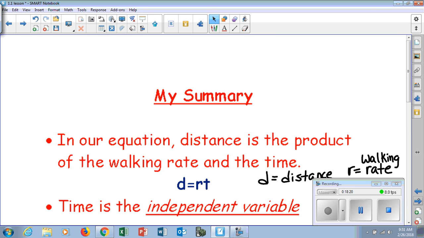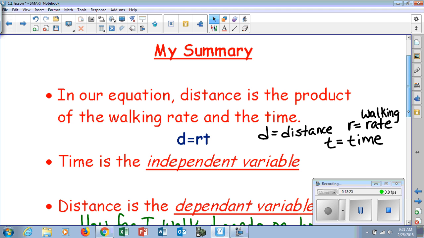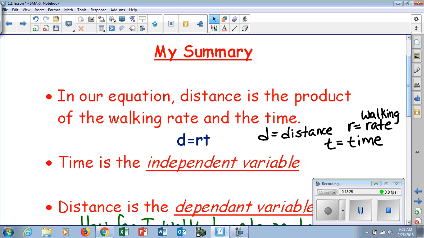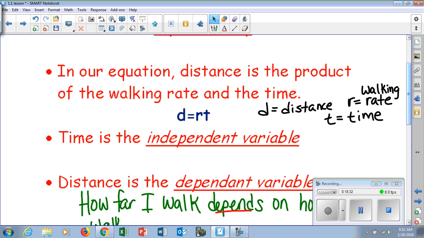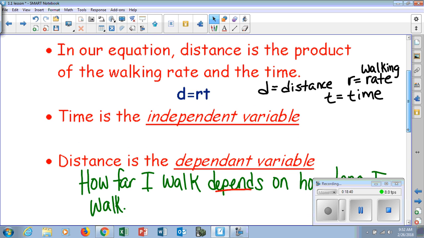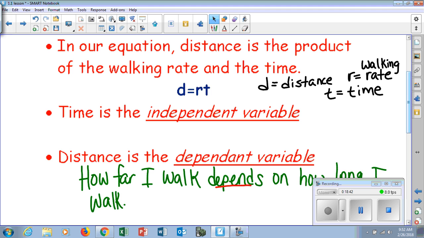Going on, in the summary, in our equation, the distance is the product of the walking rate and the time. So D equals our R, which is our constant rate, times our time. And we wrote it out right here. R equals the walking rate, T equals the time, D equals the distance. Then it says time is the independent variable. That is the independent variable.